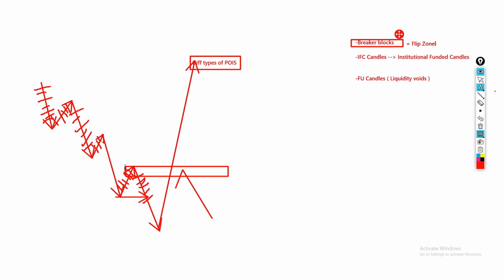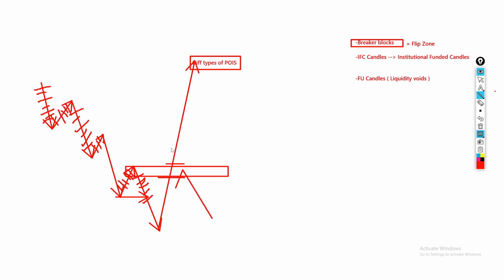And do not worry, we're going to be jumping back into the charts in a second to show them to you, but this is something that you want to write down and understand. Your previous bearish block that should have stopped price from pushing higher becomes your breaker slash flip zone. And in order for your breaker to be successful, it really needs to have imbalances starting here and ending here.